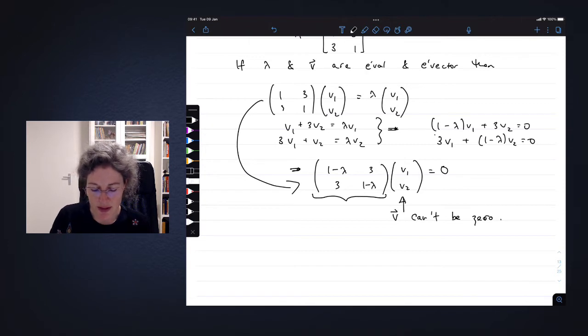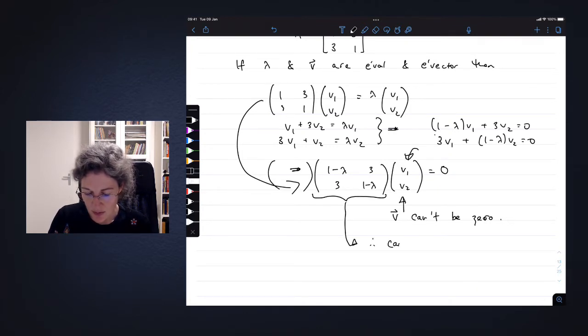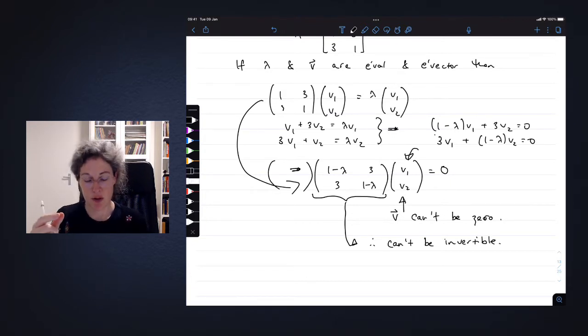We can't find some matrix which we can multiply over here which will give us 1, because if we did, then this vector would be the 0 vector. So it must be that this can't be invertible. We can't find an inverse matrix.